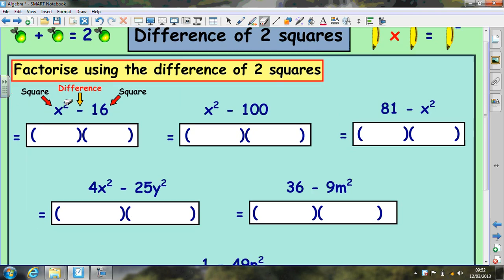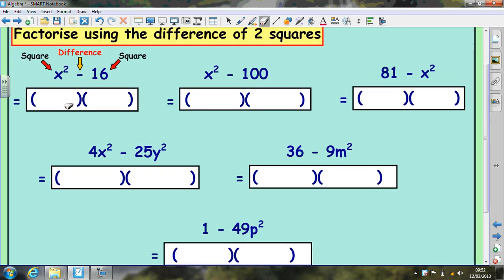So let's look at some examples. Factorising x squared subtract 16, you need an x at the start, an x at the start. You need a subtract and a plus, and what times what makes 16, the same number?